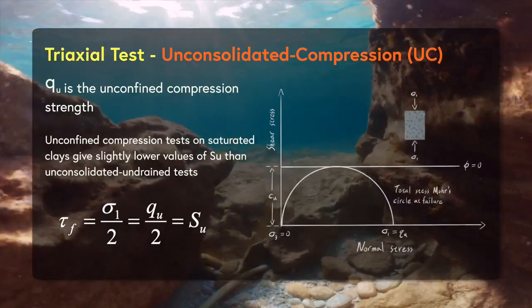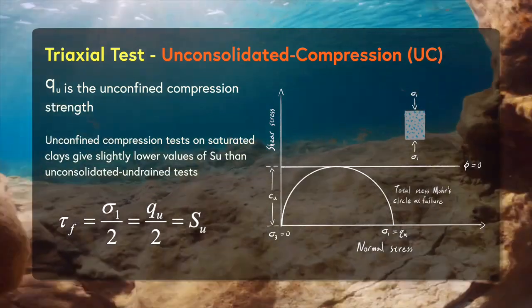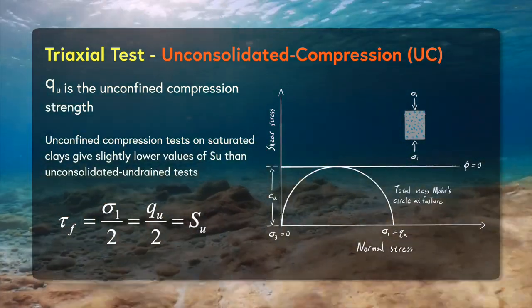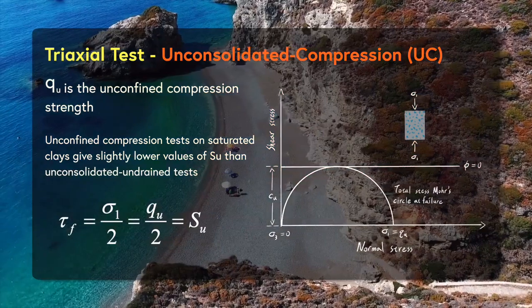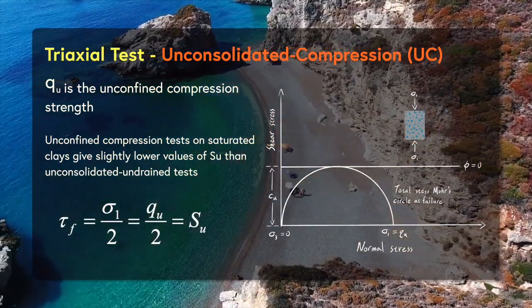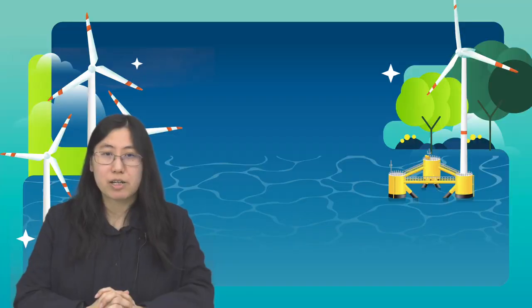From this, we can still plot the total stress Mohr circle, and the radius of the Mohr circle is again the undrained shear strength, and the diameter of the Mohr circle would be the so-called unconfined compression strength.